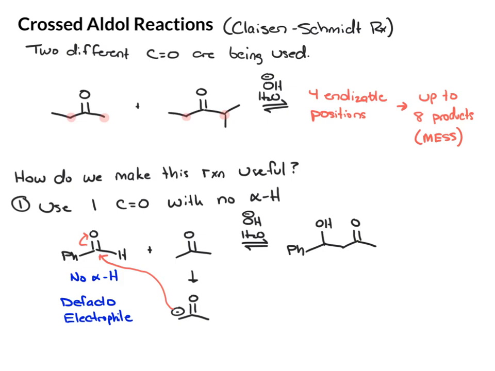So we get this beta hydroxyketone, and then in the presence of the base, this will lose water. So if you want to draw in one of the hydrogens here, we lose H and OH across that alpha beta bond to get our final product.